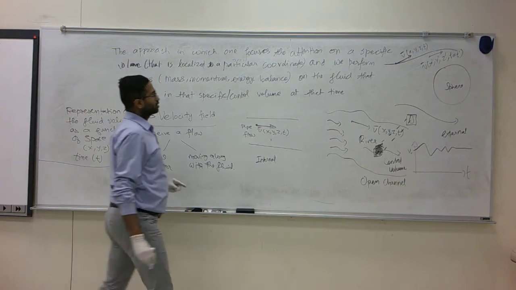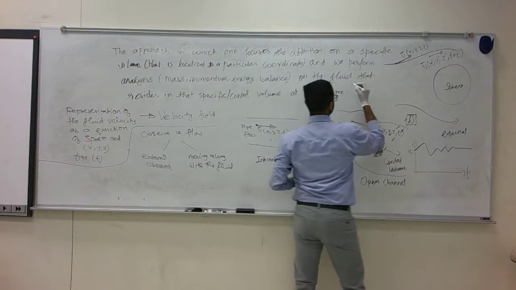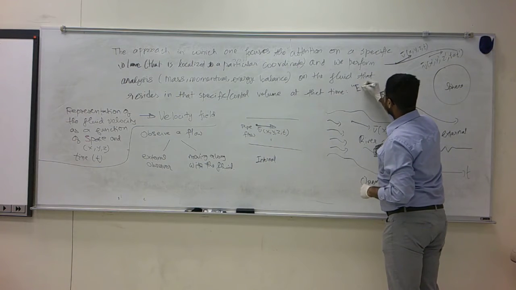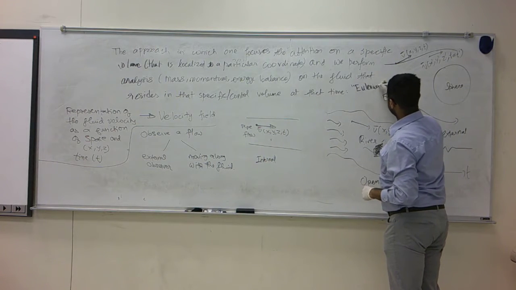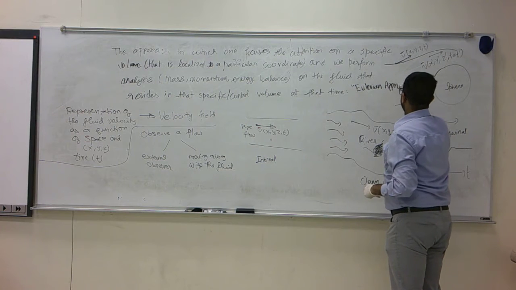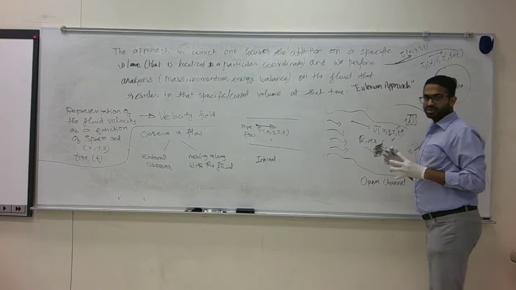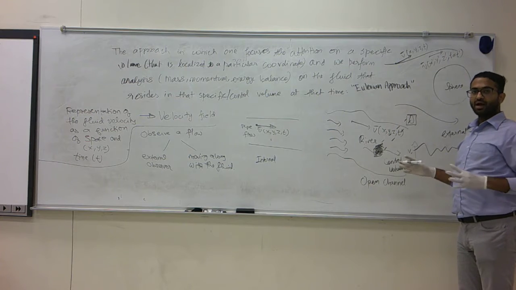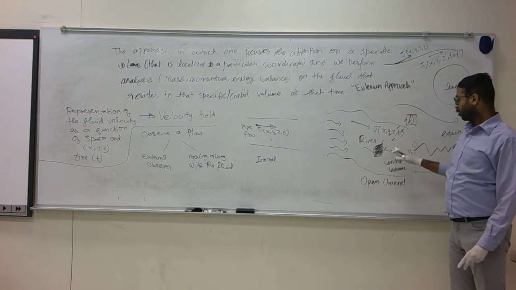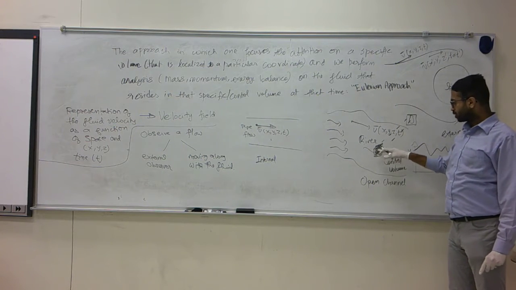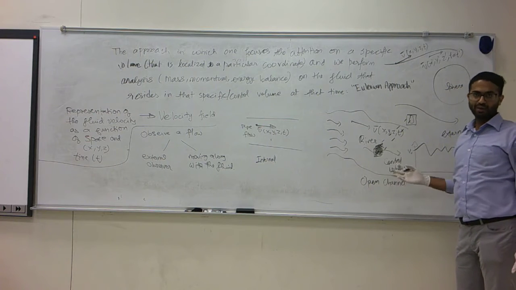This analysis is what is called as the Eulerian approach. That is, I am not interested in all of the fluid at all times. I am interested only in the fluid that passes through this volume as a function of time.